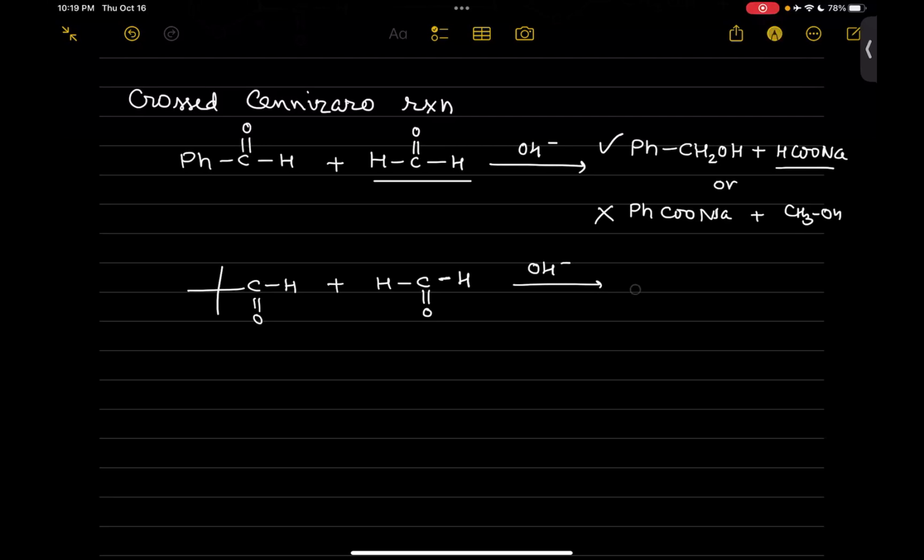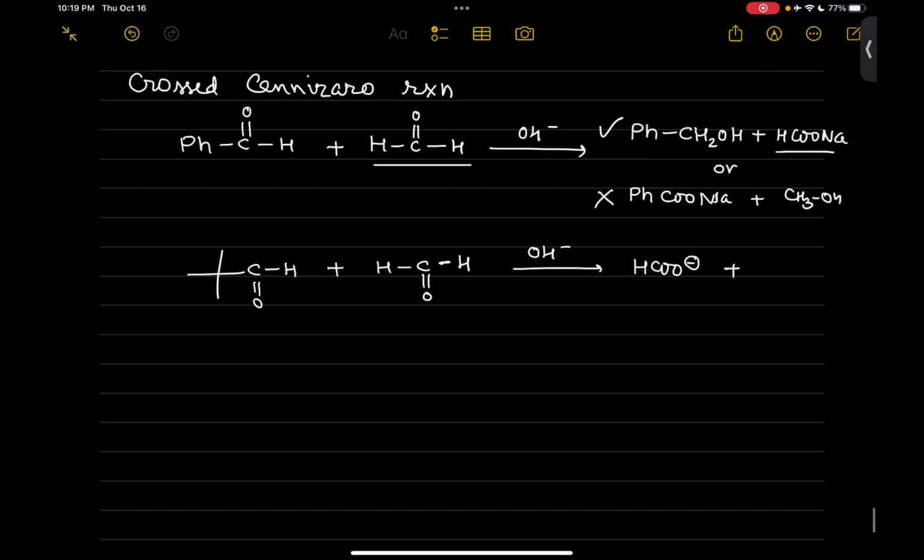Sir, is this cross? Yes, it is cross Cannizzaro, because we have taken two different aldehydes, so it is crossed. In crossed, you may have a doubt which one should get oxidized and which one should get reduced. So just keep in mind that it is the formaldehyde which is going to get oxidized.